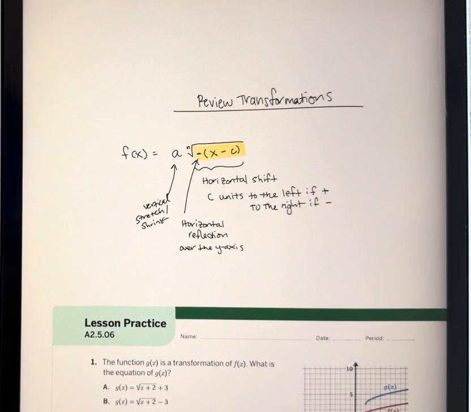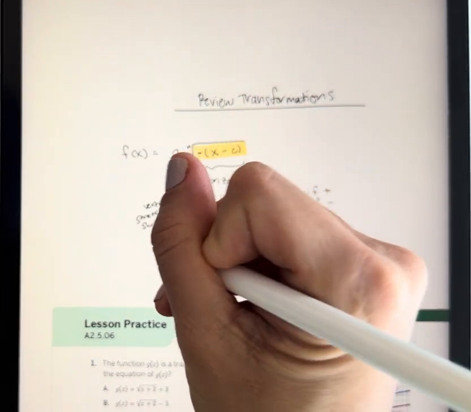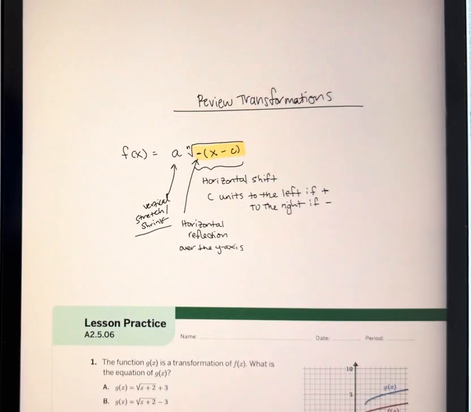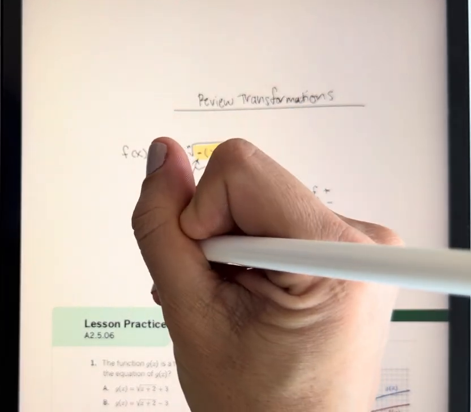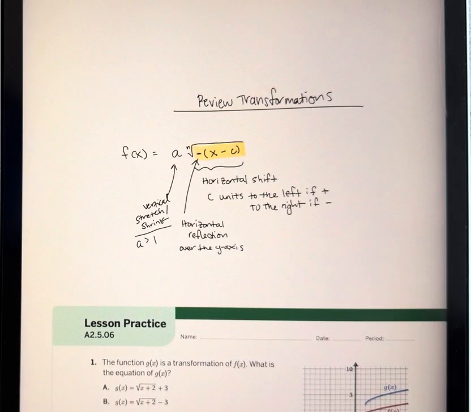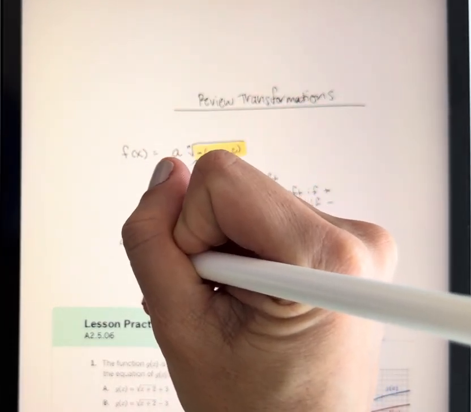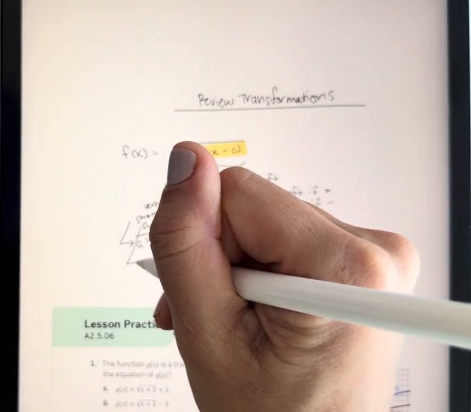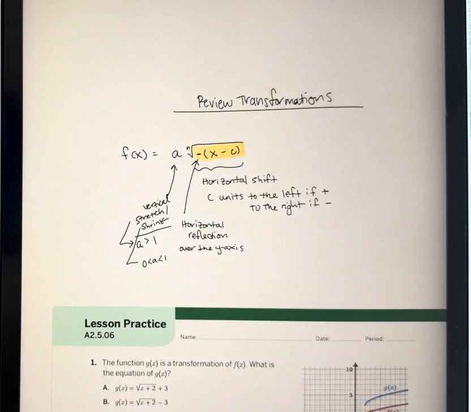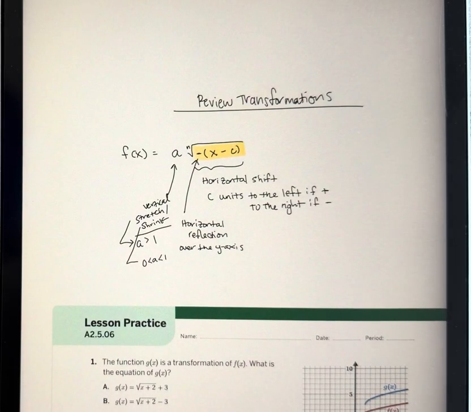With these, they actually look how they're supposed to look, okay? Anywho, here's how it goes. If A is bigger than 1, it's gonna be a stretch. And it's gonna be a shrink if it's between 0 and 1, like a 1/2, a 1/3, something like that.